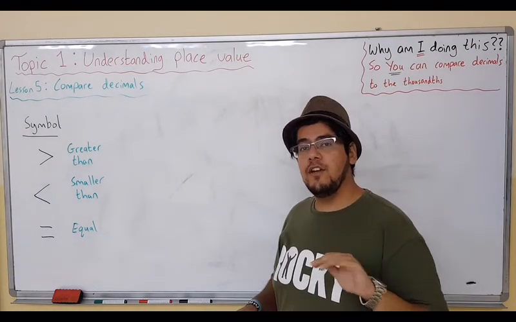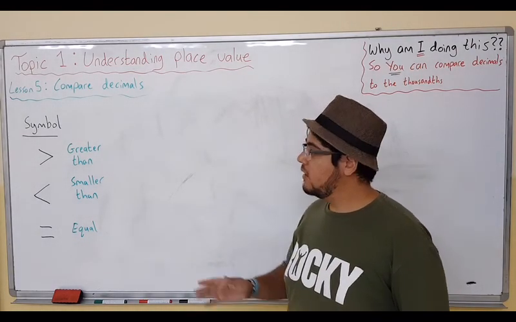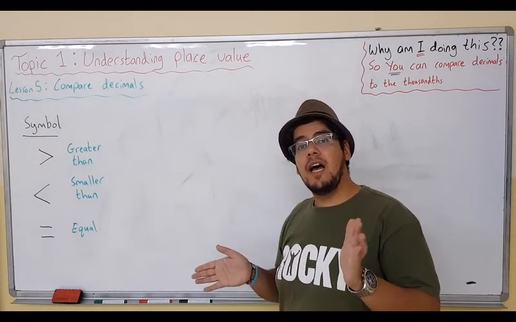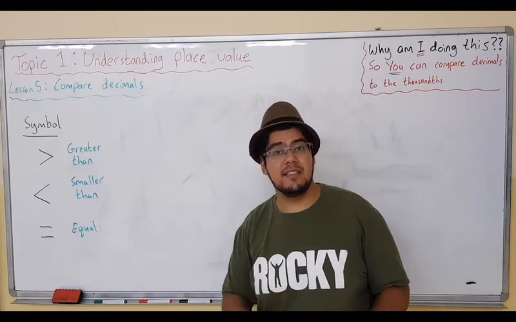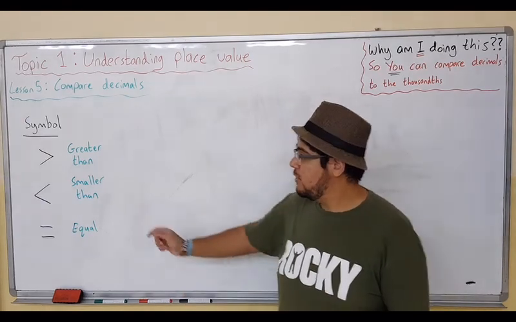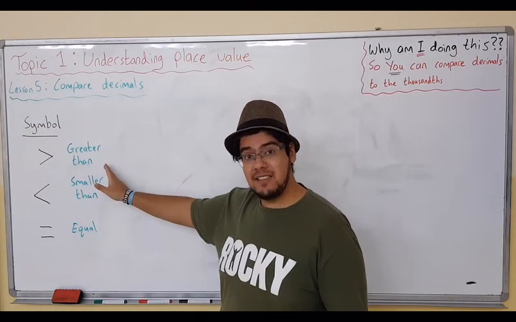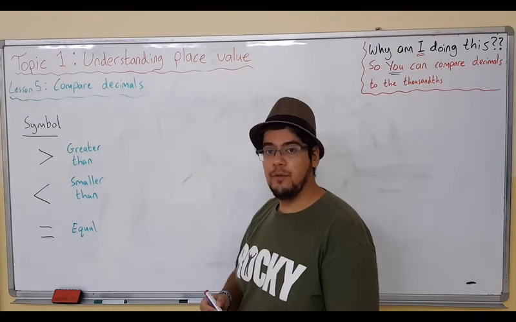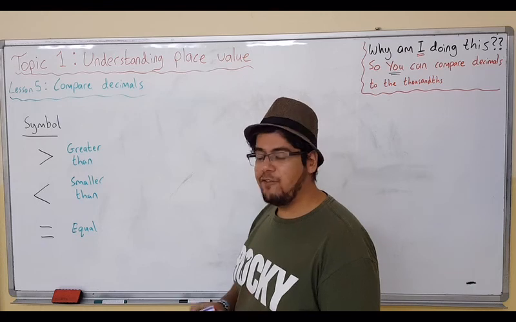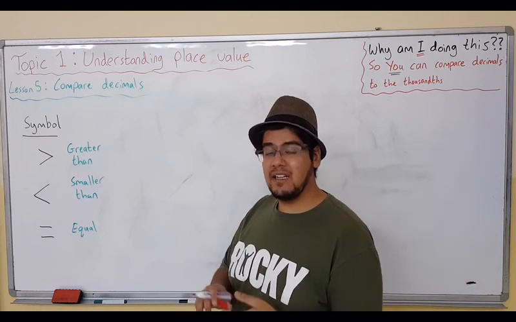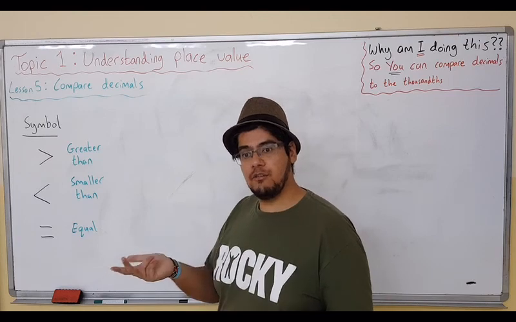So, first few things to go over. You're going to see these symbols a lot in this lesson and the next, okay? So when you see this one, it means greater than. We know that if you have 5 of something, it's more than, or bigger than, having 2 of something, right?